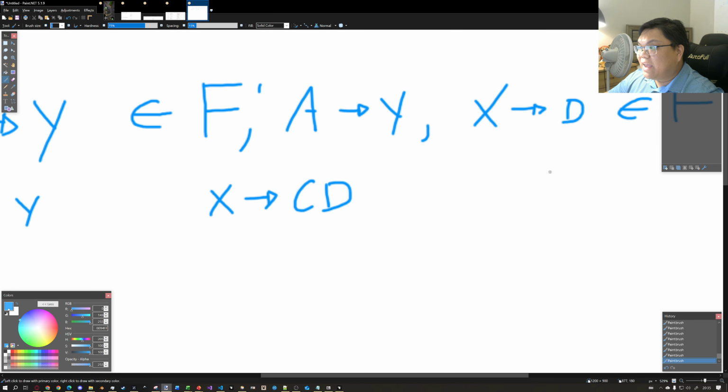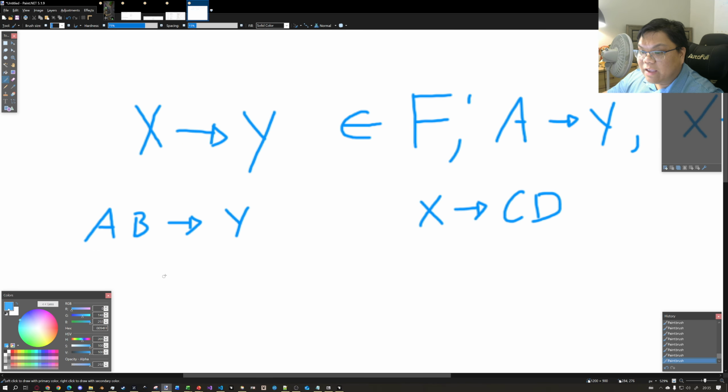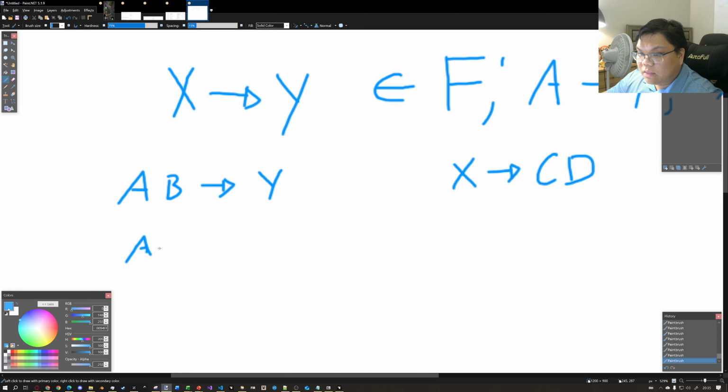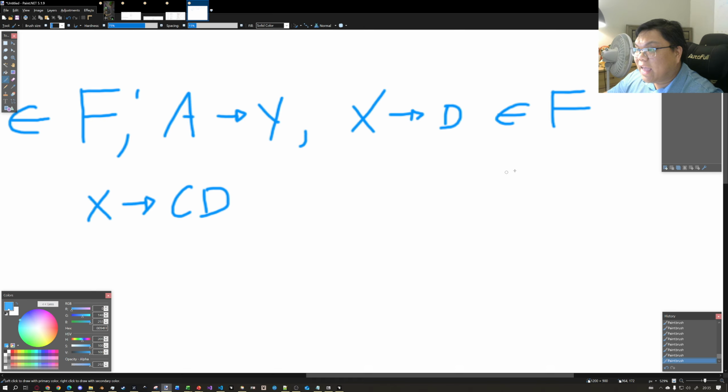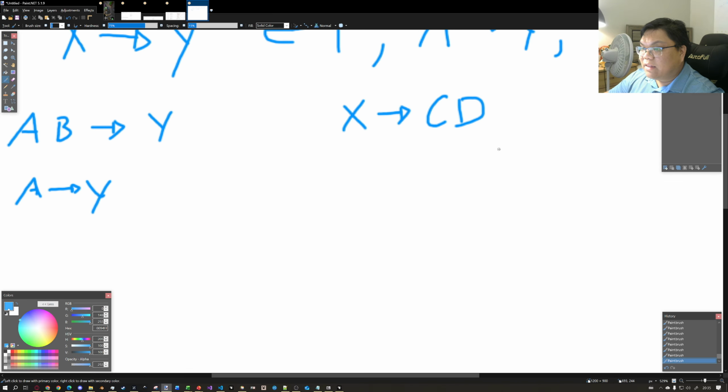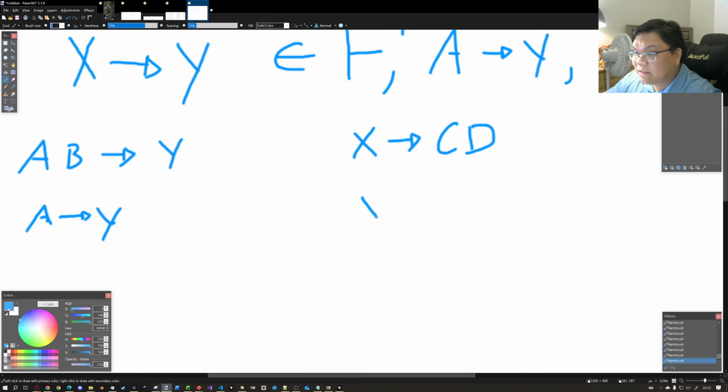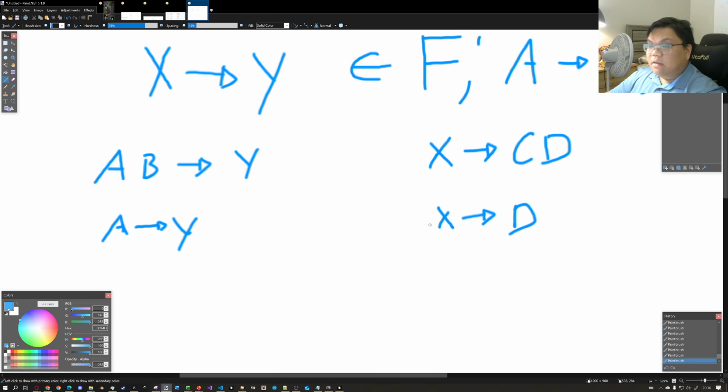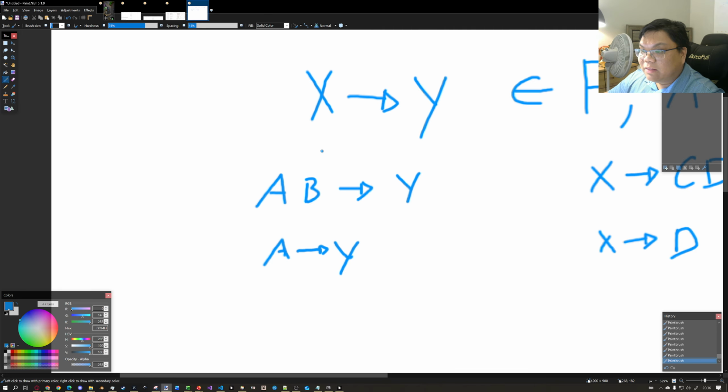So let's write them down. Let's write down A determines Y next to AB determines Y, and X determines D next to X determines CD. Okay, so now let's look at the left-hand version.